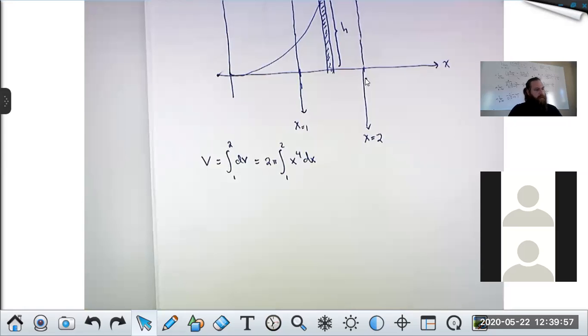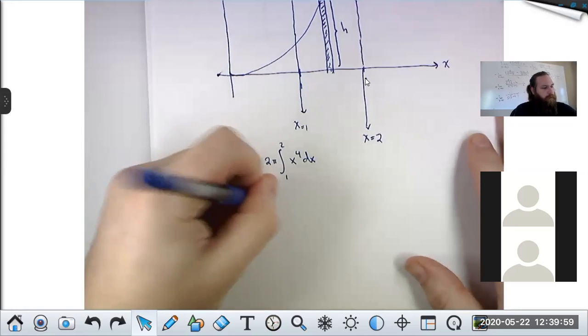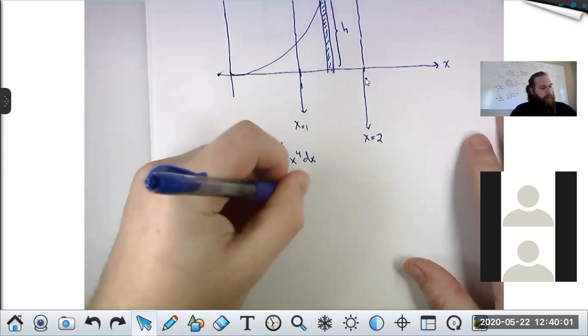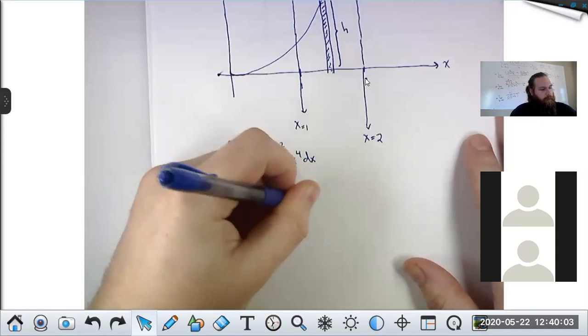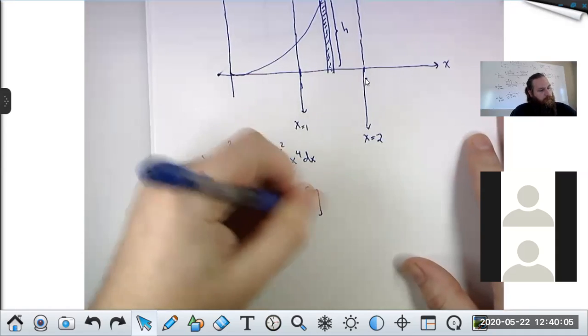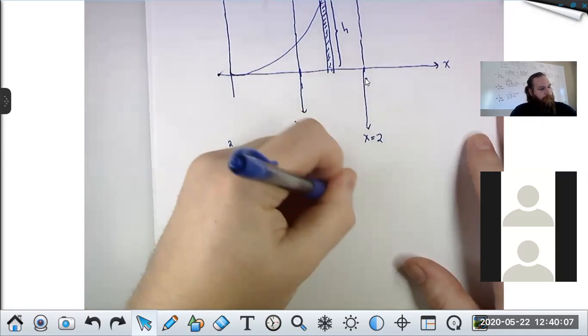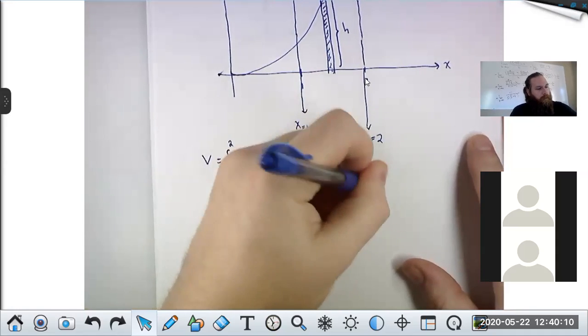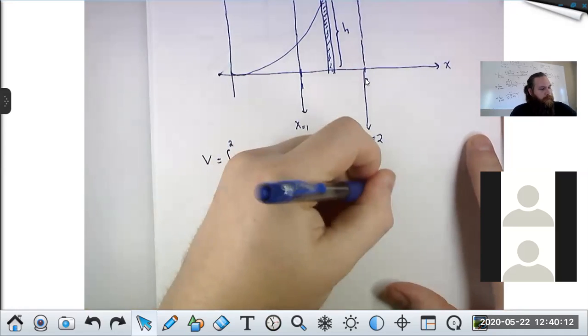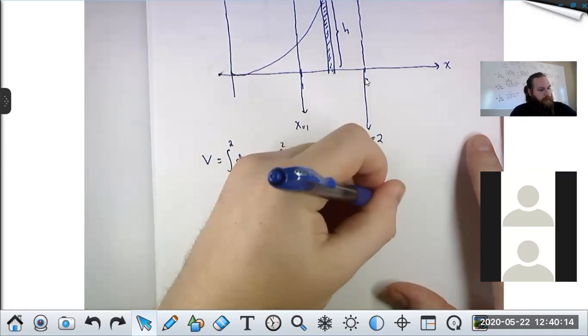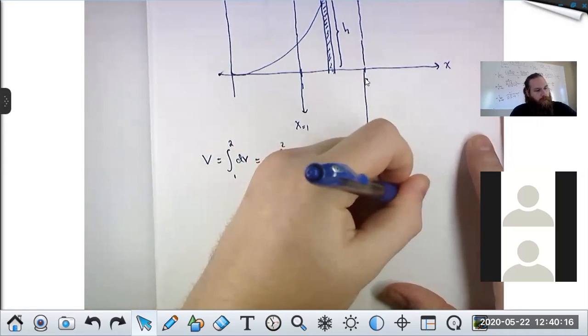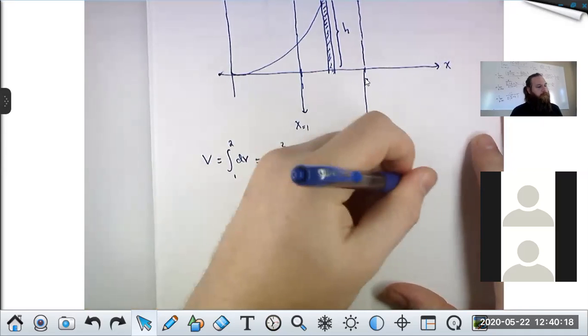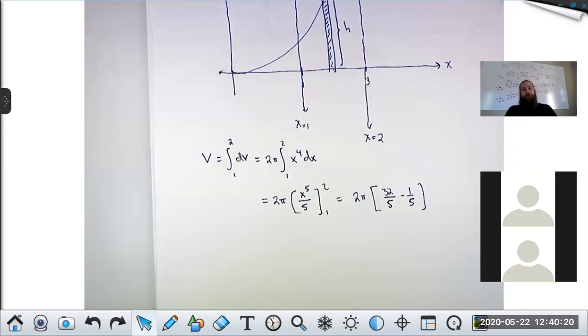That integral is not a challenging integral, of course. It's a power rule thing. So this will be 2 pi times x to the 5 over 5 evaluated from 1 to 2, which is 2 pi times 32 over 5 minus 1 over 5, because 2 to the 5 is 32. So that's 2 pi times 31/5.